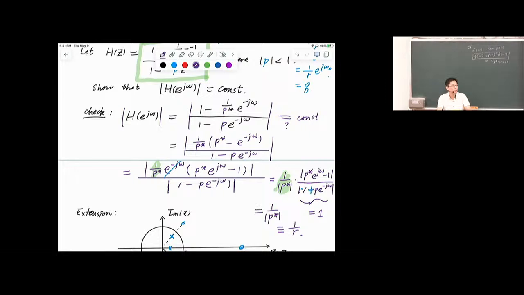So now we have a system with a constant gain of 1 over r across all frequencies, any omega. So we have finished our derivation.